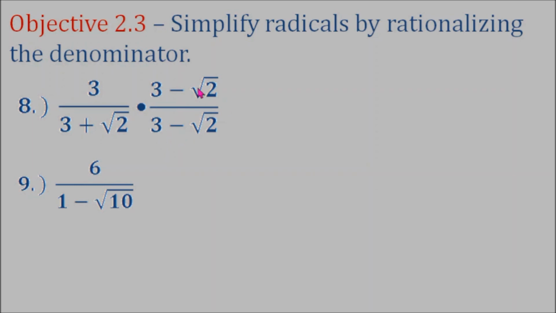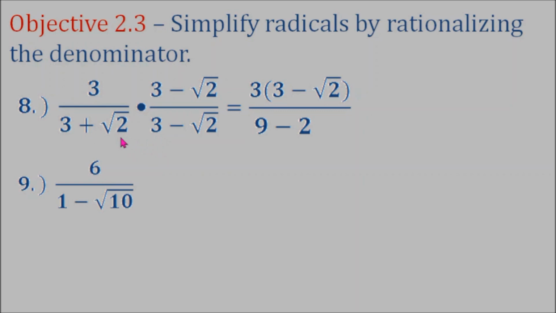For our numerator, 3 times the quantity 3 minus square root of 2. And for our denominator, because we are just multiplying the sum and difference of two numbers, we can just multiply the first terms. So that's 3 times 3, that's 9.